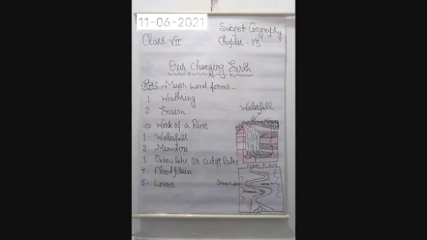The forces which act in the interior, or the inside of the earth, are called endogenic forces, and those forces which work or are activated on the surface of the earth are known as exogenic forces.